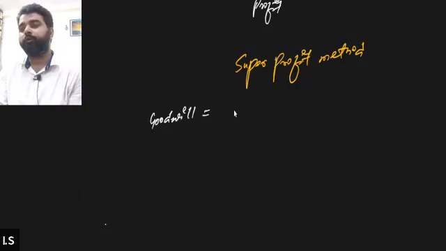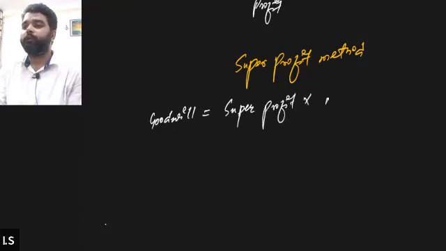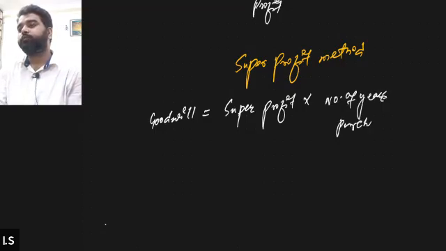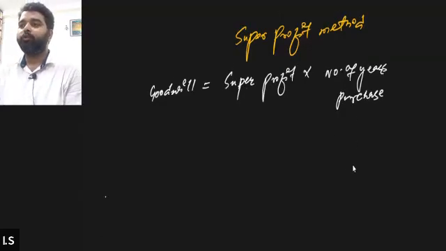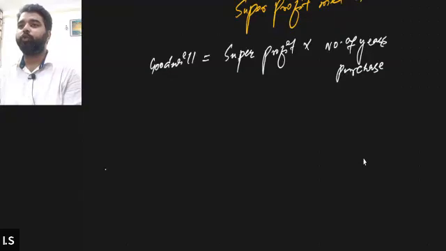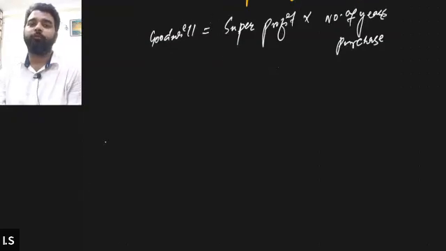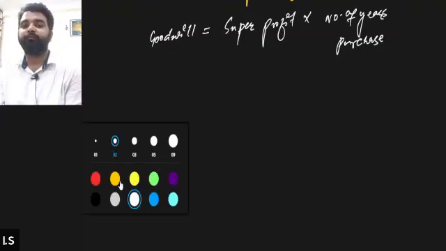Goodwill equals super profit multiplied by the number of years purchase. So the formula is almost similar to the previous one, but now the question arises: how do we find out the super profit?